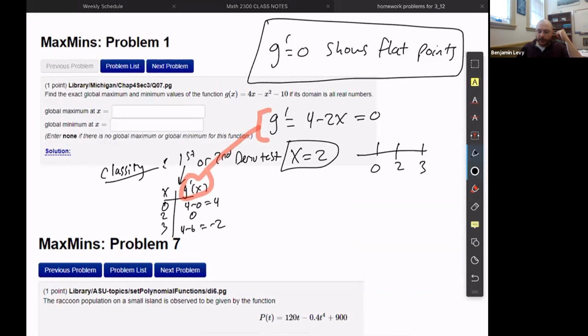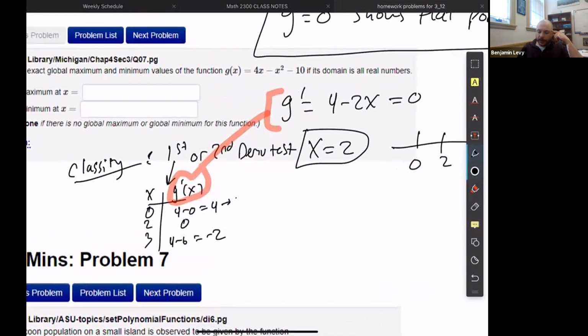So this means, I'm going to zoom in right here, increasing, flat, decreasing. Increasing, flat, decreasing looks like this. X equals 2 is a max.